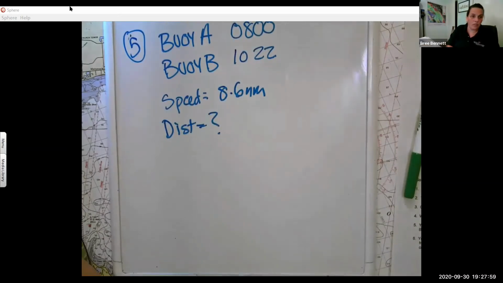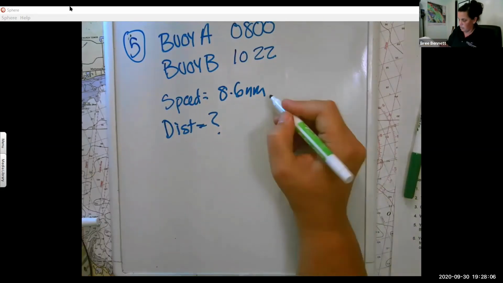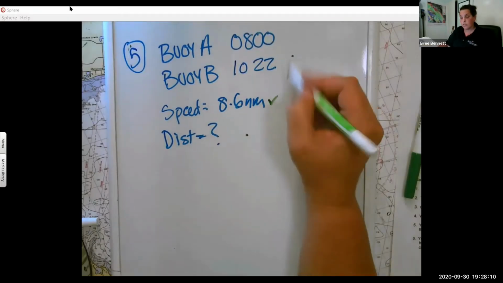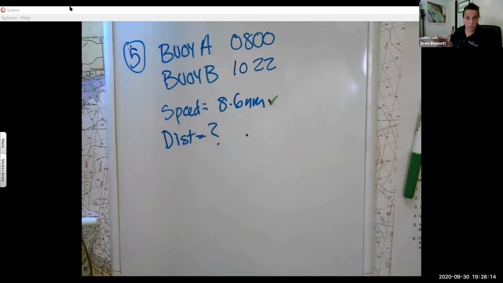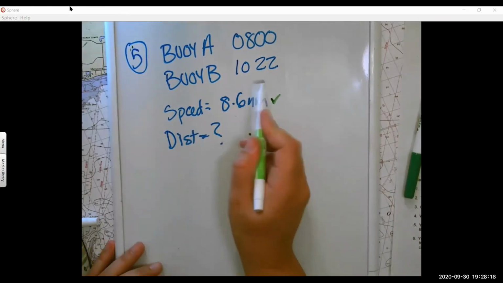So we need to get our units. We have speed, we're looking for distance, but we need time. We were given 2 times, but we need to calculate what our T would be in the formula. So we always put that later time on top.